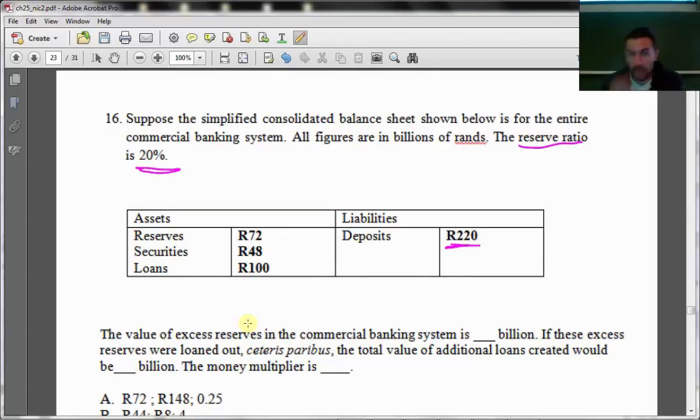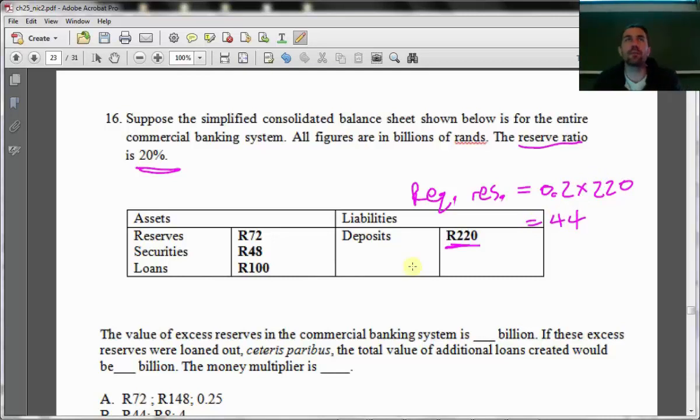How much do we need to keep on reserve? In other words, what's our required reserve value? And how did we get 44? It was 20% of 220. So that's what we need to keep on reserve.